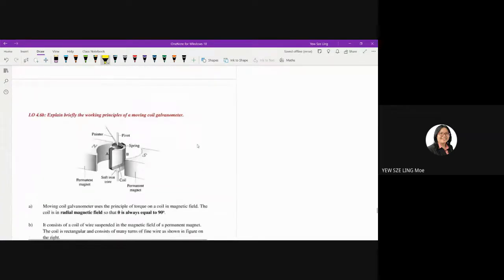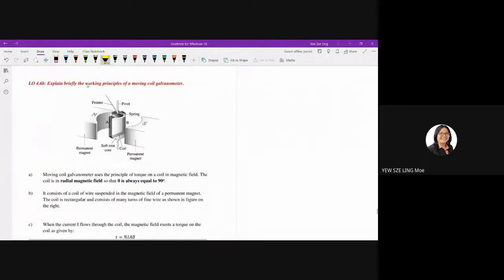The next page asks you to explain the working principle of a moving coil galvanometer. So the moving coil galvanometer uses the principle of the torque on the coil in a radial magnetic field. Therefore the angle is always equal to 90 degrees. So this is exactly what happens in a galvanometer.